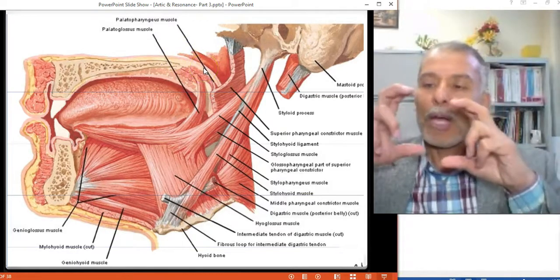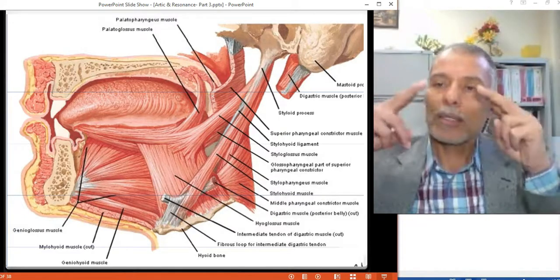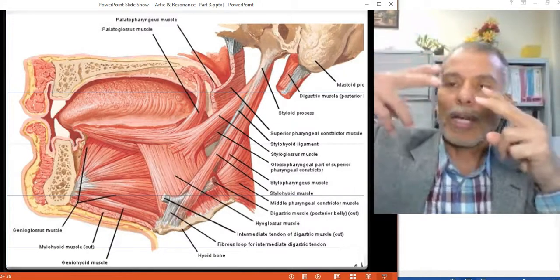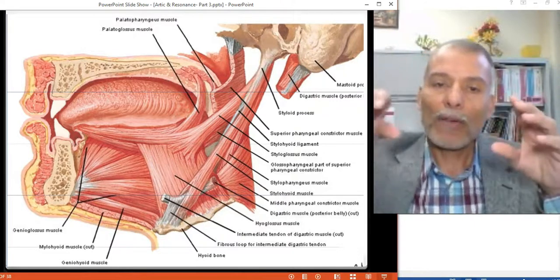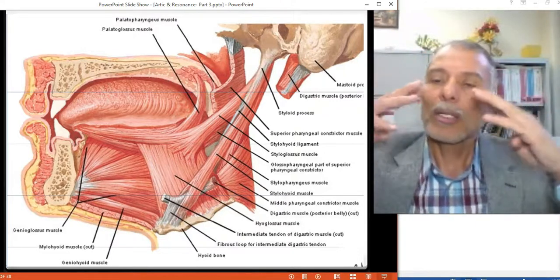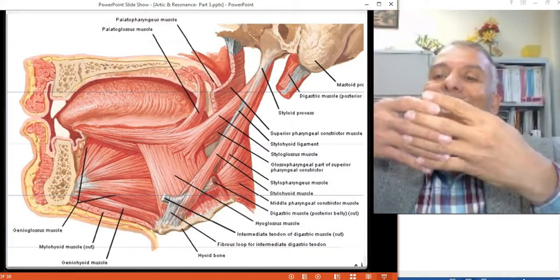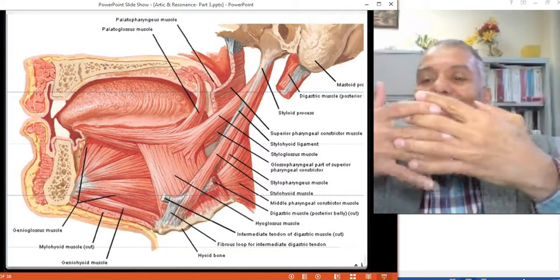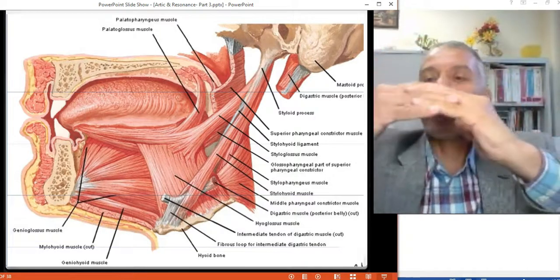The upper fibers cross over and connect with each other on the other side, around the palatal aponeurosis area. So for some fibers from the palatopharyngeus, the upper fibers cross over and interdigitate like this. Interdigitate means connect, like my digits are connected now, with the other side.